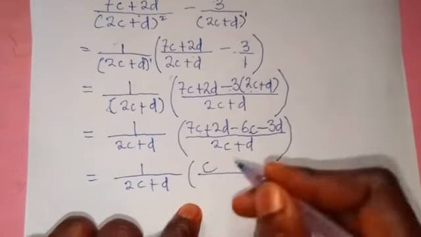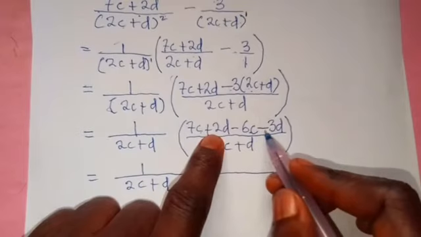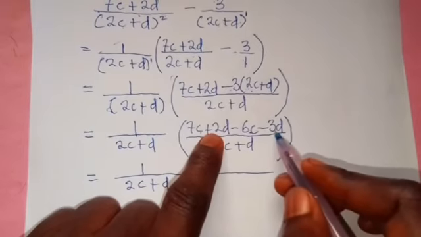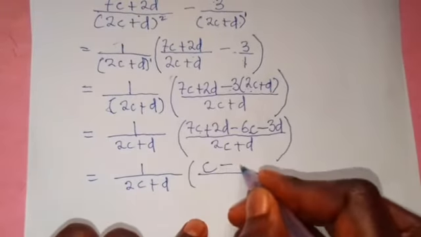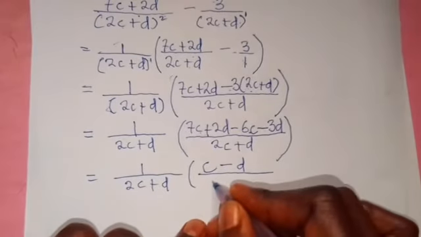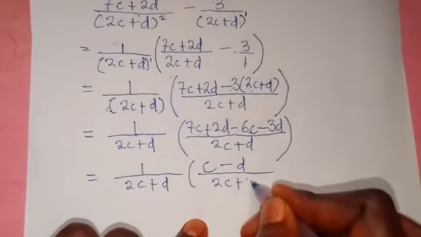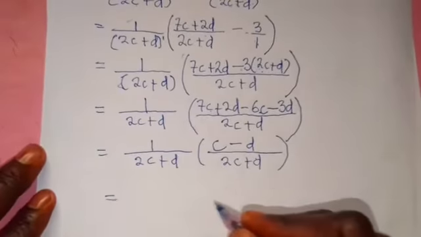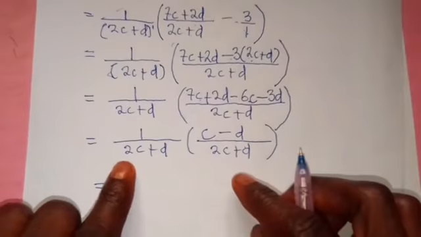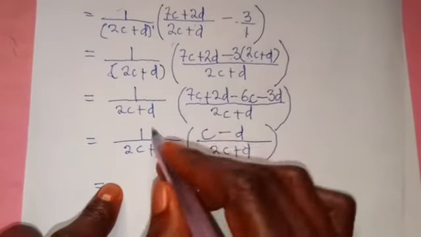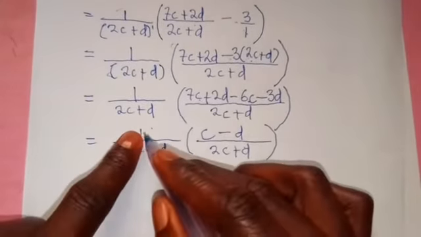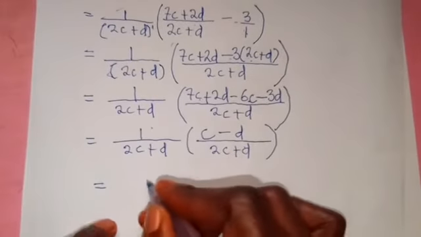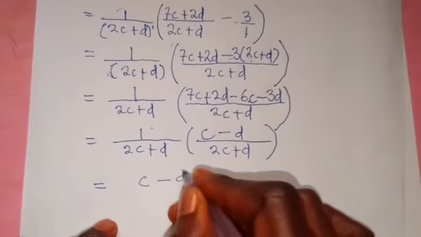So we have c, then plus 2d minus 3d, that is 2 minus 3 will give us minus 1d. Then at the denominator, we still have 2c plus d. Now, we are going to write out the final result by multiplying this into the bracket here. So 1 times, multiply our denominators, 1 times c minus d will give us c minus d.